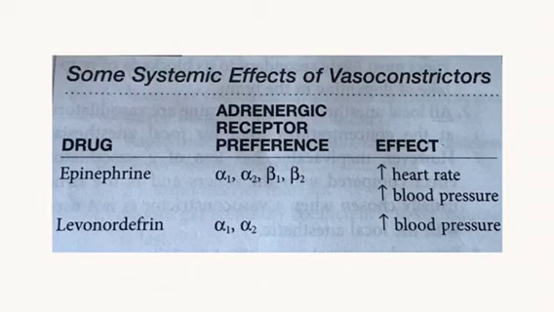And the effects are increased heart rate and blood pressure, while the adrenergic receptor preferences of levonordefrin are alpha-1 and alpha-2, and the effect is increased blood pressure.